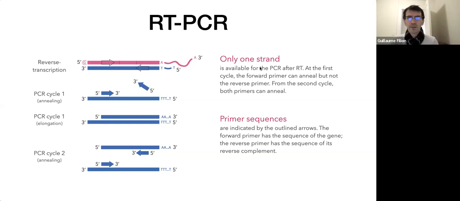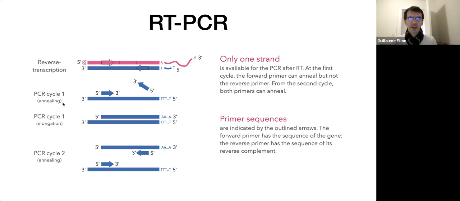Only one strand is available for the PCR after the RT, so you produce only one blue molecule here. At the first cycle, the forward primer can anneal, but not the reverse primer. From the second cycle, both primers can anneal. I've highlighted the position of the primers here with these ghost arrows.